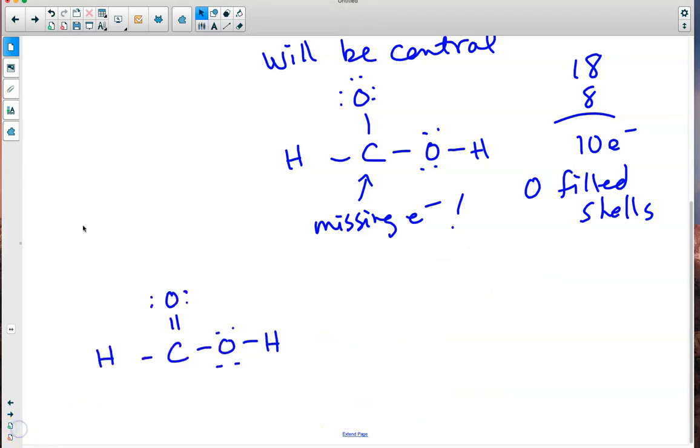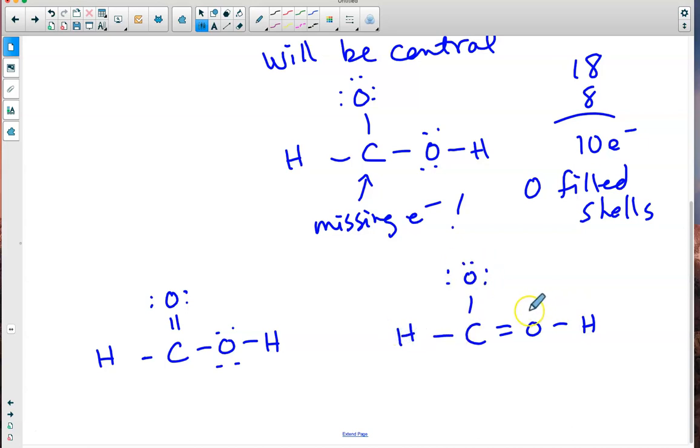I said before that if we have a double bond in a structure, we should try to move that around to make resonance structures. So let's do that and see if we do have any that are possible. So that would give us a structure like this. So we still have 18 total valence electrons.